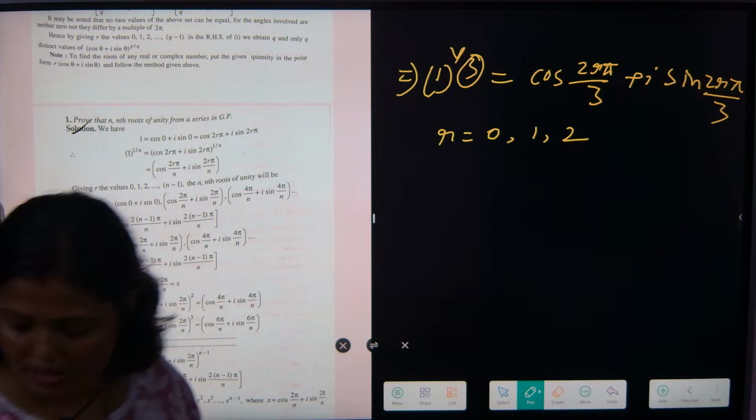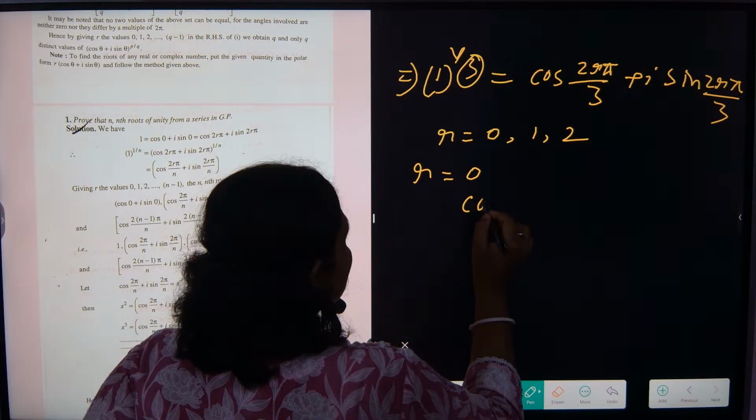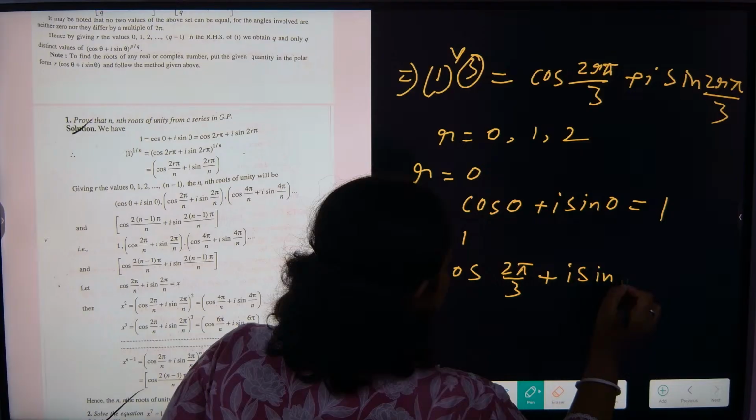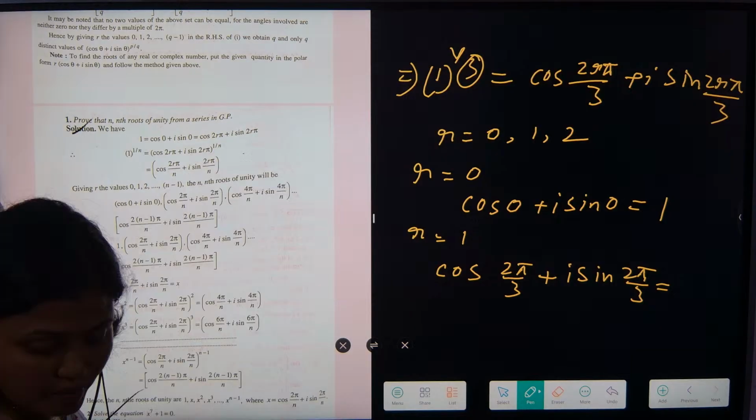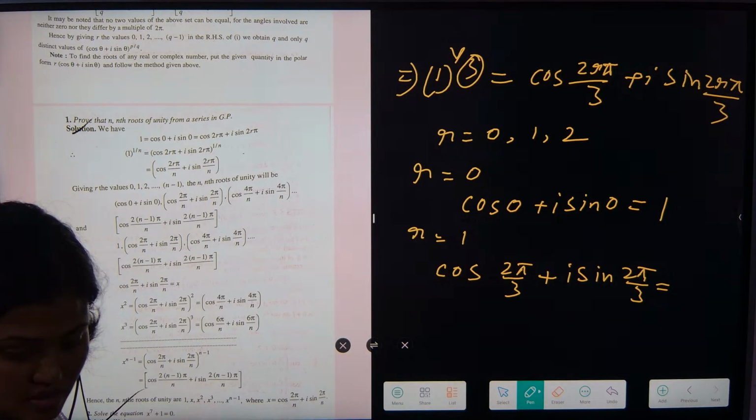For r equals 0, what we have? cos 0 plus iota sin 0, it is 1. For r equals 1, cos 2π/3 plus iota sin 2π/3. Now convert this thing: π minus π/3.